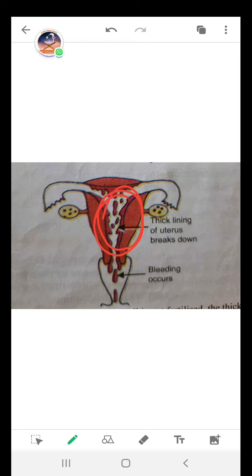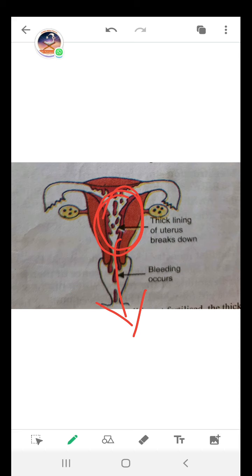The breaking of the uterus lining produces blood along with other tissue, and this blood and other tissue comes out in the form of bleeding from the vagina, and this is called vaginal bleeding or menstruation.